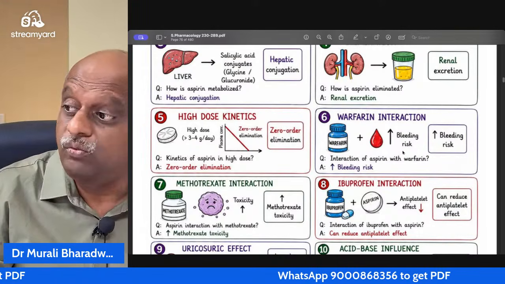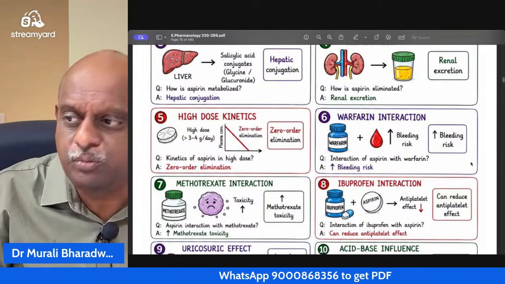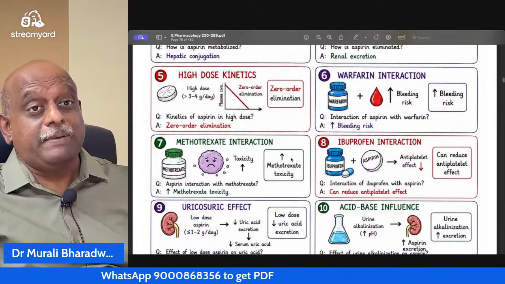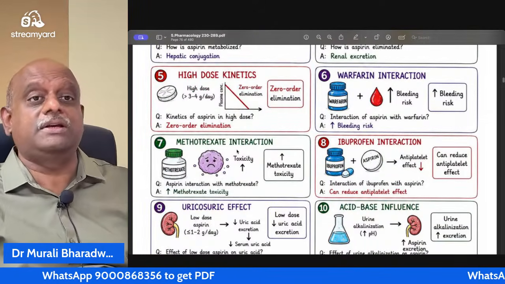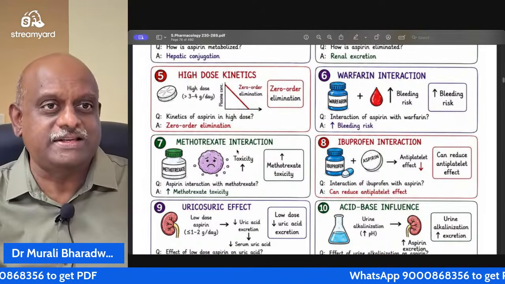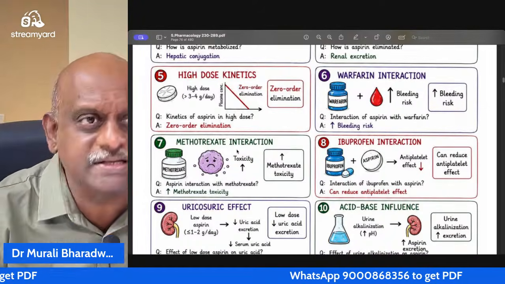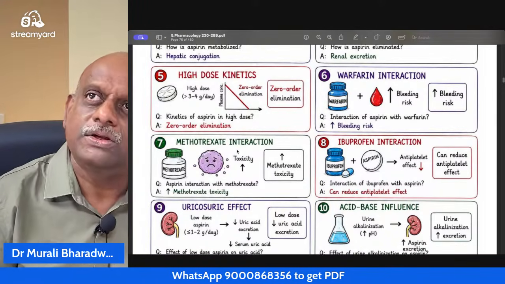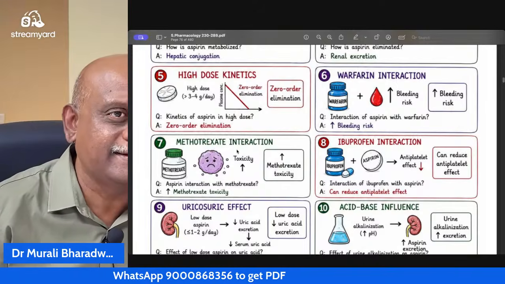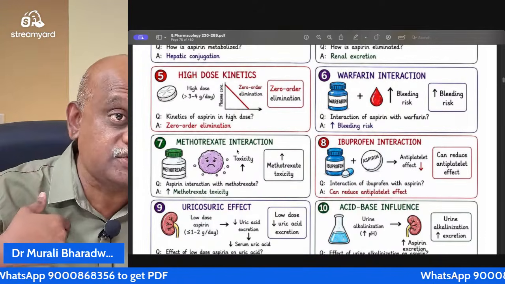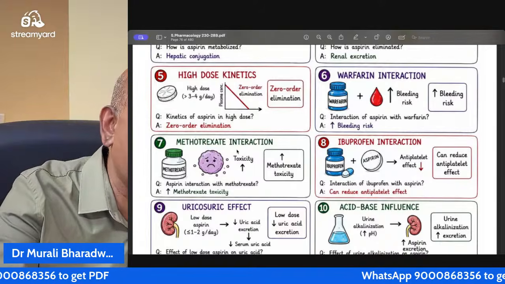Then warfarin plus aspirin is more bleeding. Methotrexate plus aspirin will lead to increased methotrexate toxicity. Why are these combinations important? See, aspirin is anti-inflammatory. Somebody had psoriatic arthritis. You are already using aspirin. And for his skin psoriasis, you gave methotrexate.